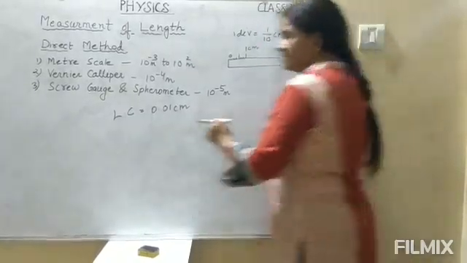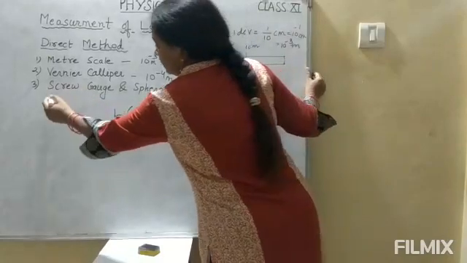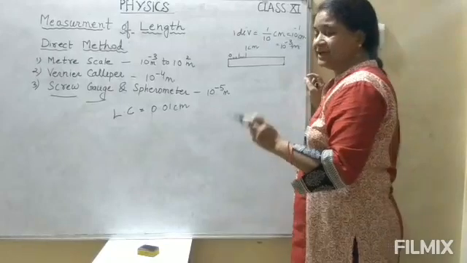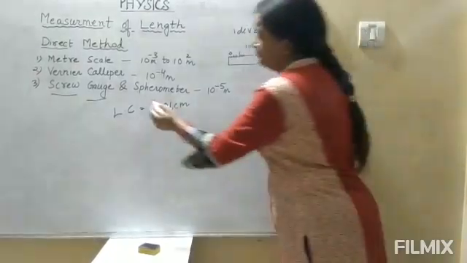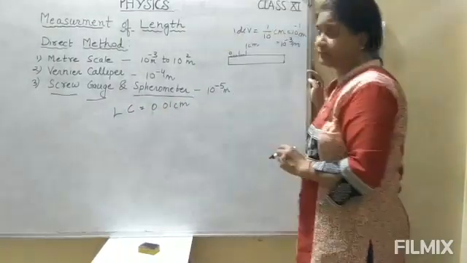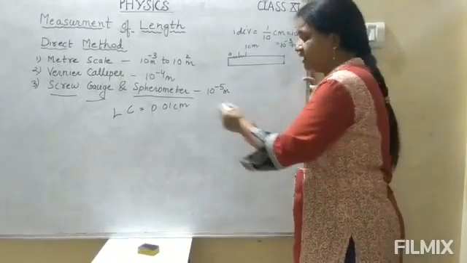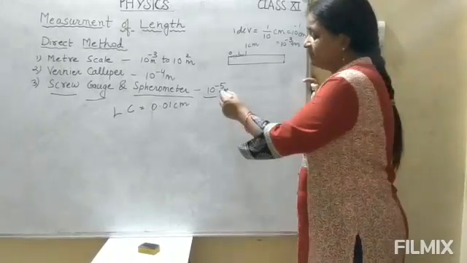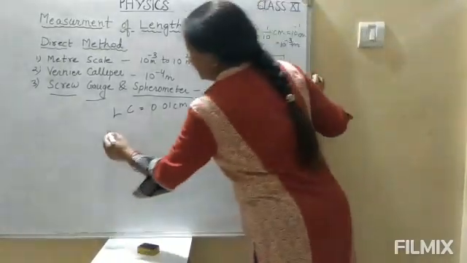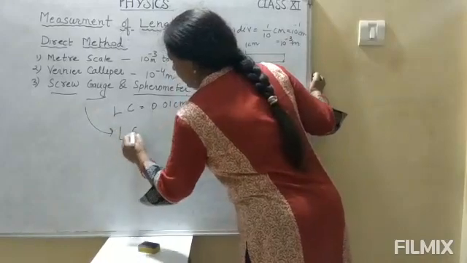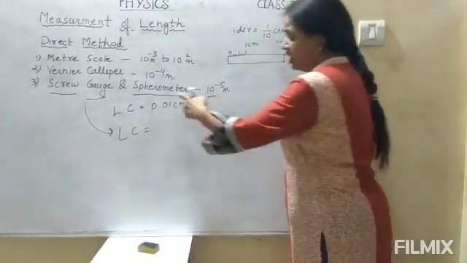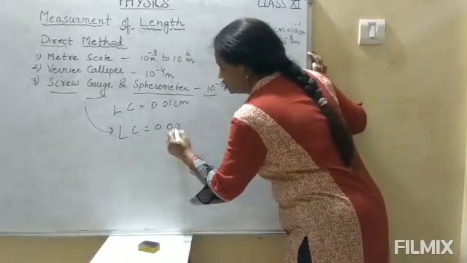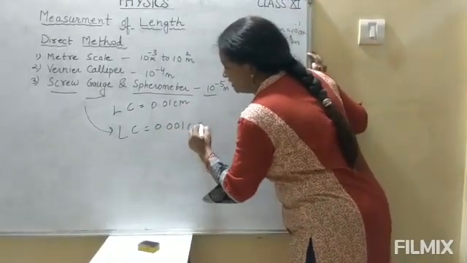In the same way, the third instrument that we use in the physics lab is the screw gauge, and the fourth one is the spherometer. These instruments have a least count of 10 raised to power minus 5 meter, or we can say the least count of the screw gauge or spherometer is 0.001 centimeter.